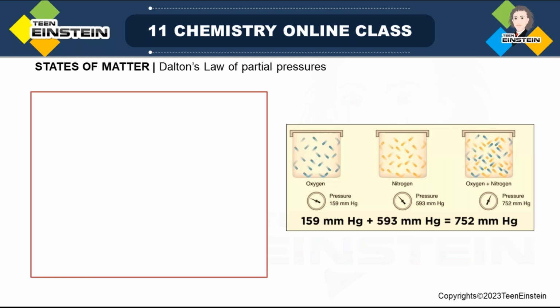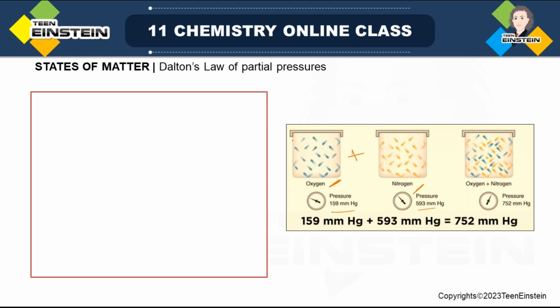Another law which is known as Dalton's law of partial pressures. Here we have oxygen and we have nitrogen. So these two are separate. Now when it is oxygen gas, the pressure mentioned is 159 millimeter Hg. When it is nitrogen, it is mentioned 593 millimeter Hg. So whatever is the quantity, this is the pressure.